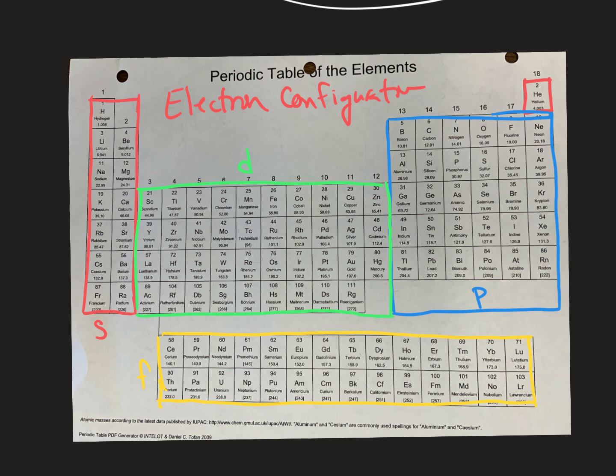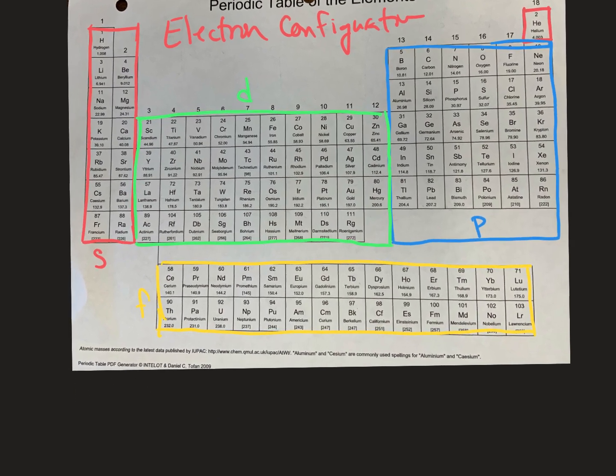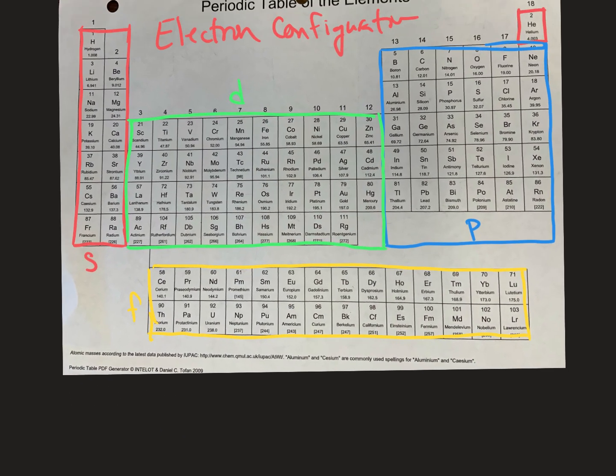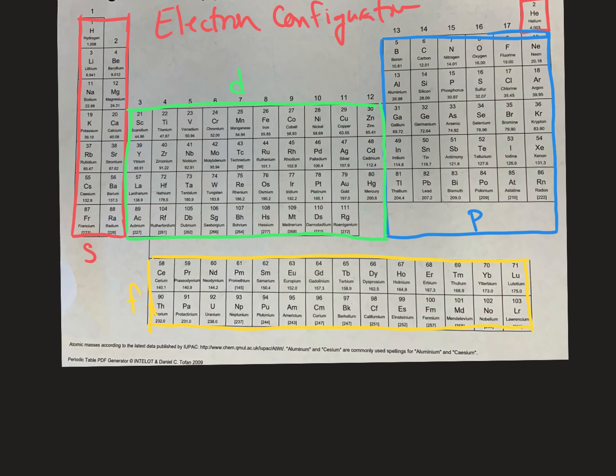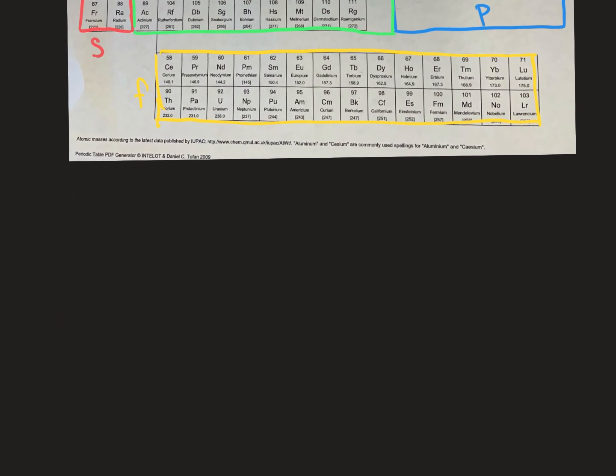Are you with me? Or just number of electrons. So we're ready to move on up past this? We kind of need to know that. Okay, so the electron configuration.